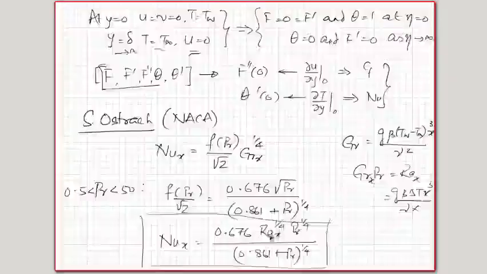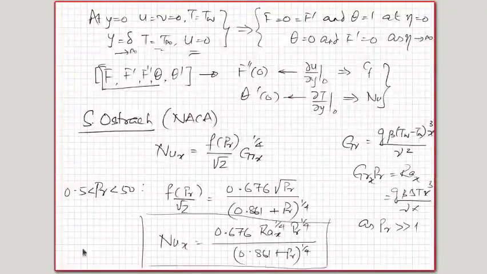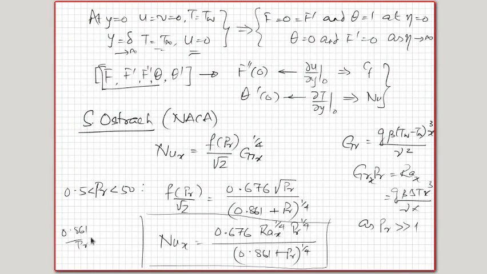Okay, so you can take the limit as Prandtl number goes much greater than 1. So what you do is you take this Prandtl to the power 1 by 4 down. So what you will get is 0.861 by Pr plus 1, whole thing raised to the power of 1 by 4 in the denominator.